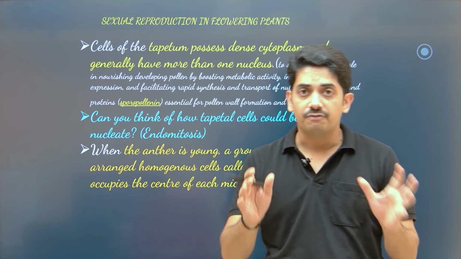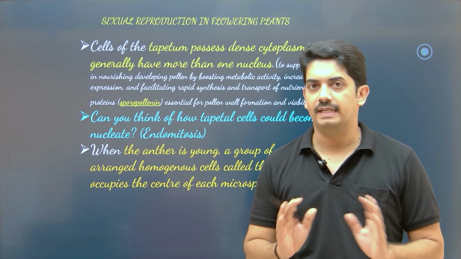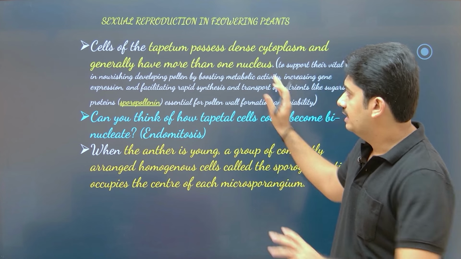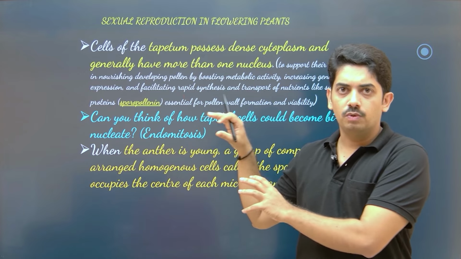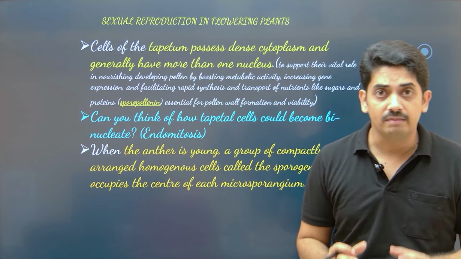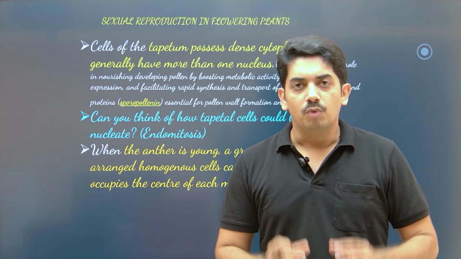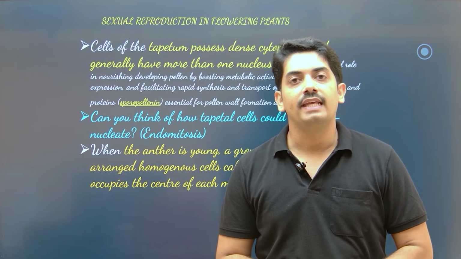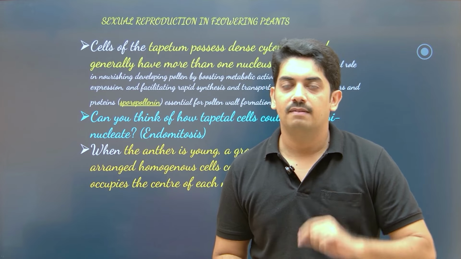So these are the different functions done by tapetal cells. Okay, so it is just an addition of information to tapetum, because you need to remember this tapetum, a most important aspect in studying the transverse section of anther.